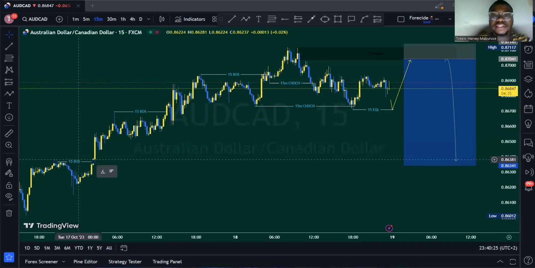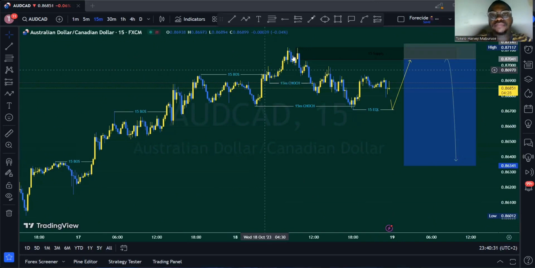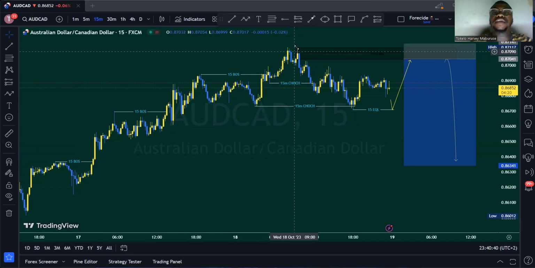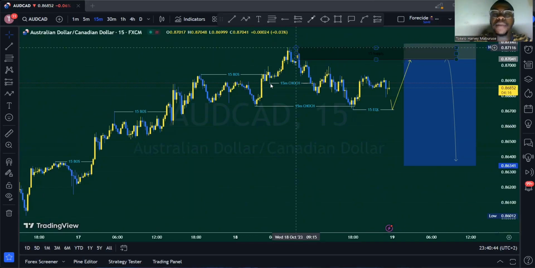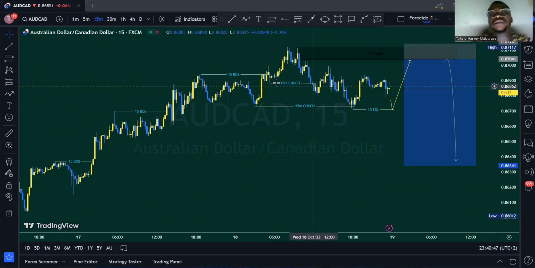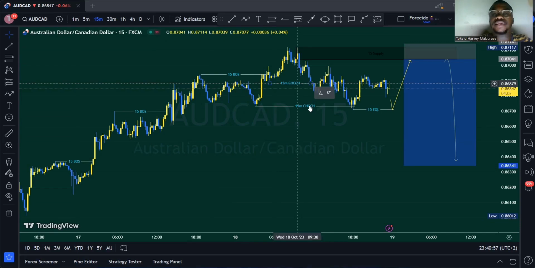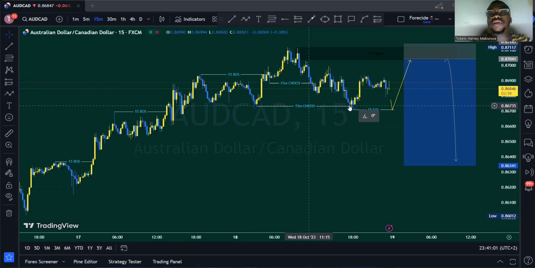After breaking this structure, price created a high, slightly dropped, and pushed to the upside to make relative equal highs, dropped below this minor swing low, but I was not that interested in this swing low because it doesn't look quite clear. But then the second swing low looks quite clear, and price did come to this area and mitigated this internal supply here.